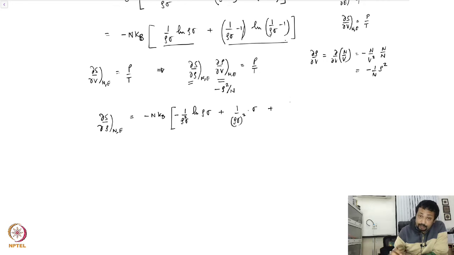If I look at the derivative of this term, this is going to be minus 1 over rho square sigma ln of 1 over rho sigma minus 1.